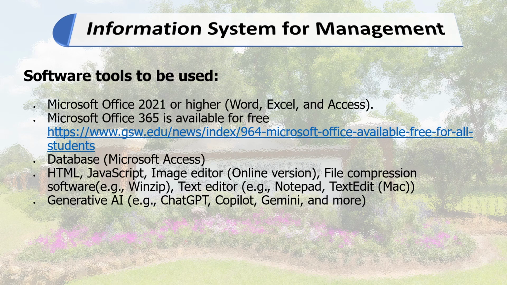Additionally, we're going to use some HTML and a little bit of JavaScript so that we can be familiar with those internet tools, as well as other software or applications you may have to use, like file compression, what they call zipping files, and editing text files, like Notepad or TextEdit on Mac computers.